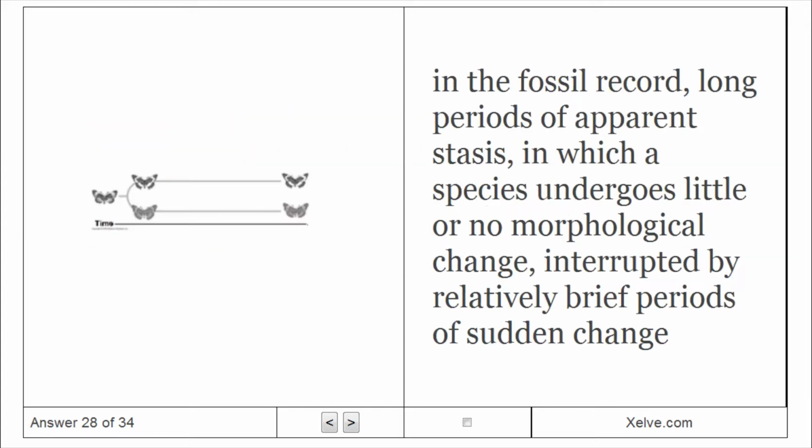Punctuated equilibria. In the fossil record, long periods of apparent stasis, in which a species undergoes little or no morphological change, interrupted by relatively brief periods of sudden change.